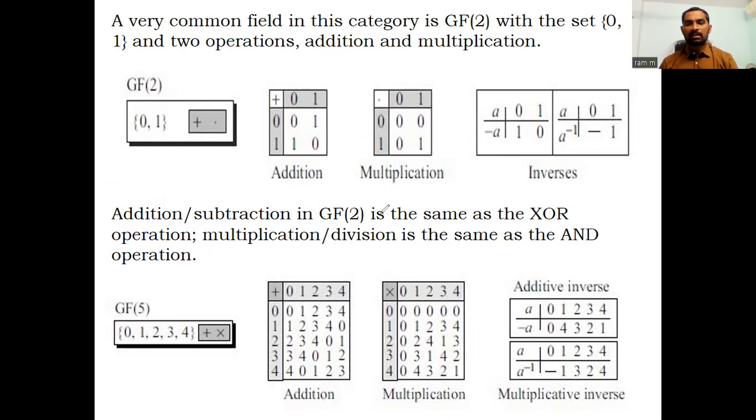Now let us check the associativity property with respect to multiplication.